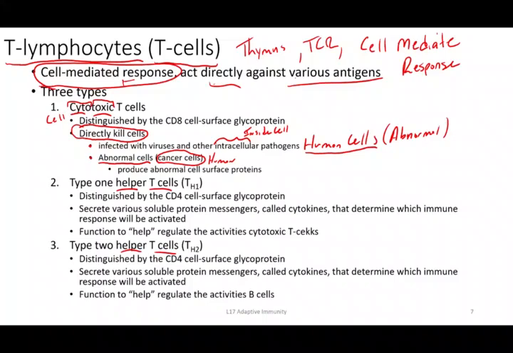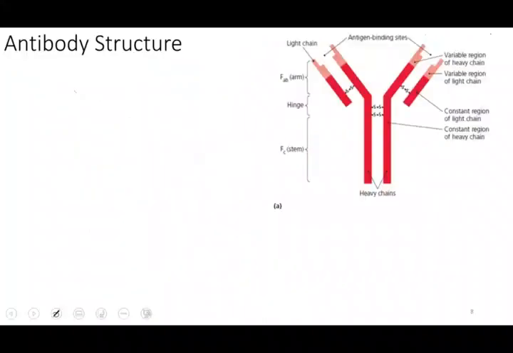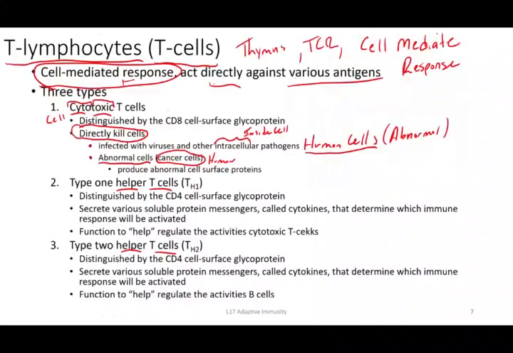And one other thing that makes them unique and different from the other types of T cells that we're going to talk about is they have a molecule on their surface that is different. It's called the CD8 protein, or CD8 cell surface glycoprotein.